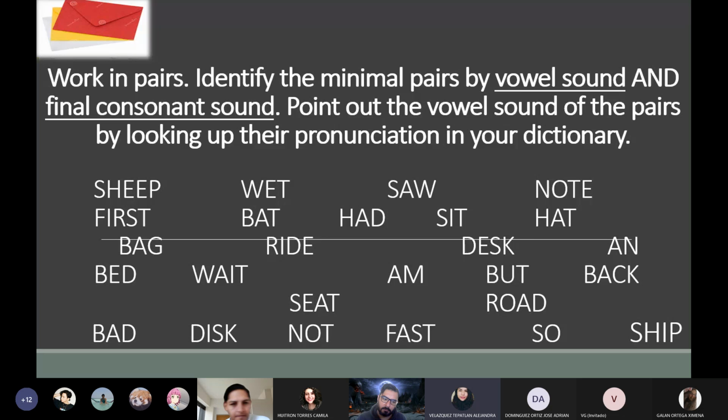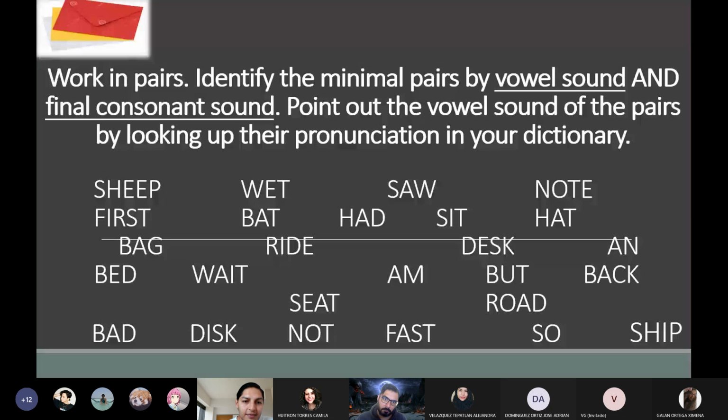Another example. Wet and wait. Very well. Excellent. Wet could be humid, right?